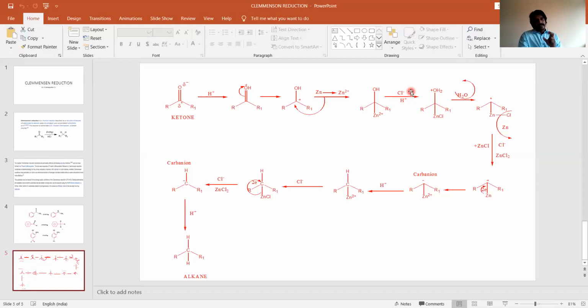It can share one pair of electrons. So that one pair of electrons, the Cl will share with the zinc to form Zn-Cl. Earlier Zn was deficient of 2 electrons, and Cl minus is capable of donating a pair of electrons to Zn to form Zn-Cl. Okay, now Zn-Cl is formed.